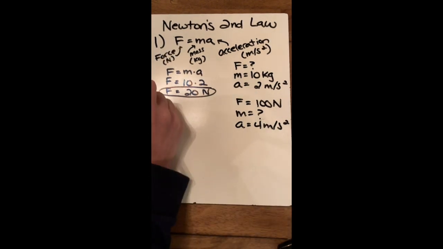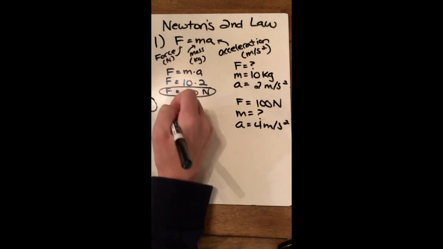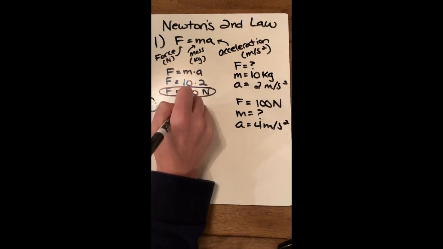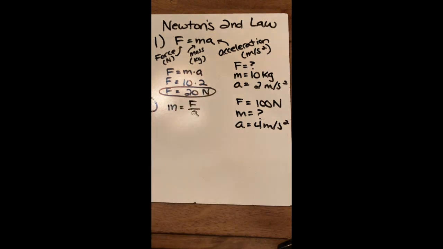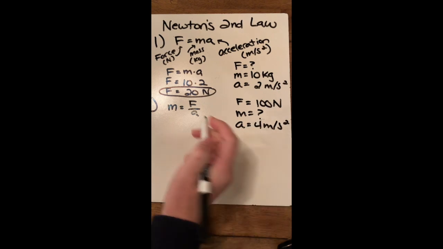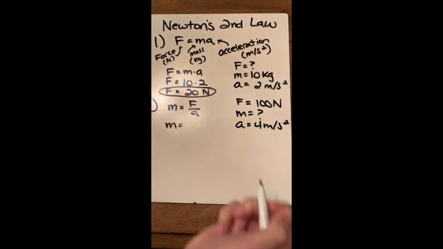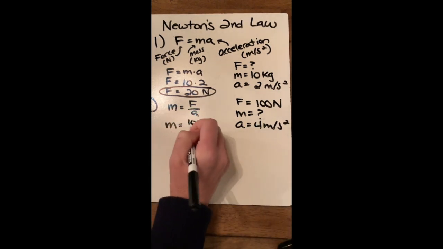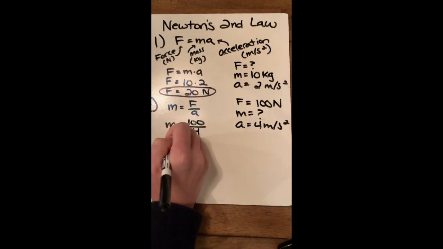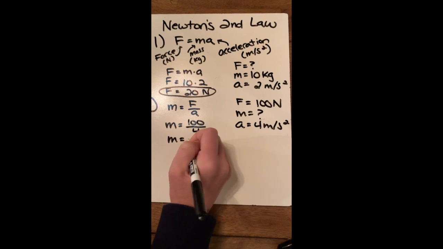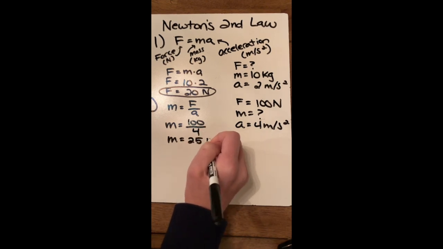So we're going to rearrange that formula to make it mass equals force divided by acceleration. So now that I have that, I'm trying to find the mass, so I leave that as m. I have force is 100 divided by 4. So I can do that in my head. Mass is 25 kilograms.